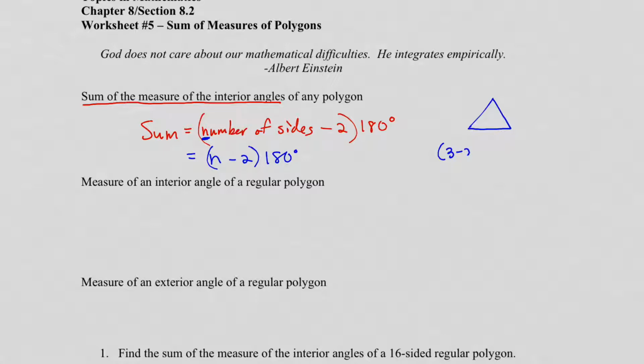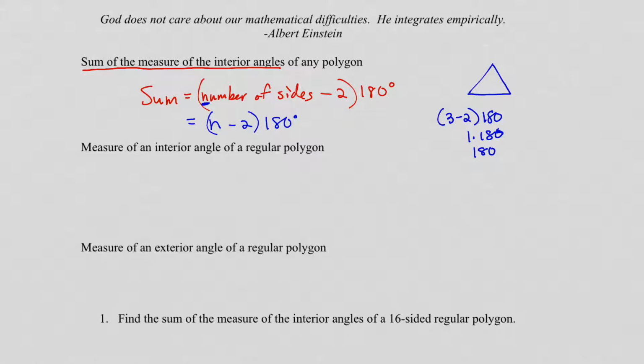So 3 minus 2 times 180. So 3 minus 2 is 1. 1 times 180 is 180. Okay? So if you ever wondered why it happens to be 180, well, it can be proven by this theorem. So you don't even have to worry about that. So 180, we already knew that, but now we're proving it with this formula.